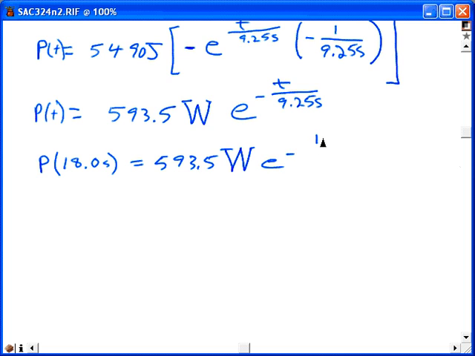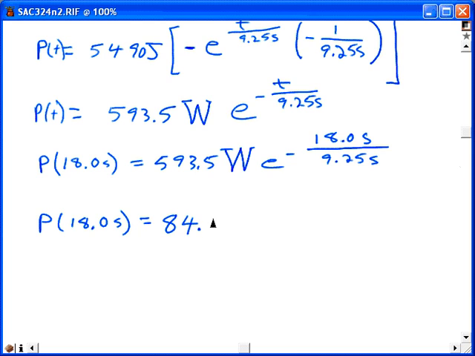E to the minus, and here's where I put in the 18.0 seconds for the time. And so P at 18.0 seconds is, rounding it off to 3 significant digits, 84.8 watts.